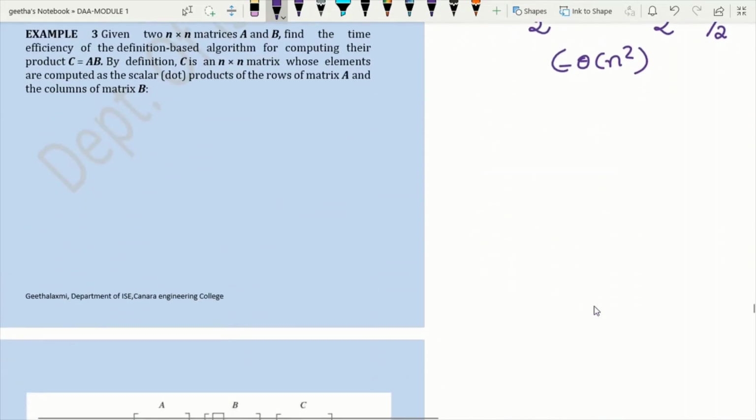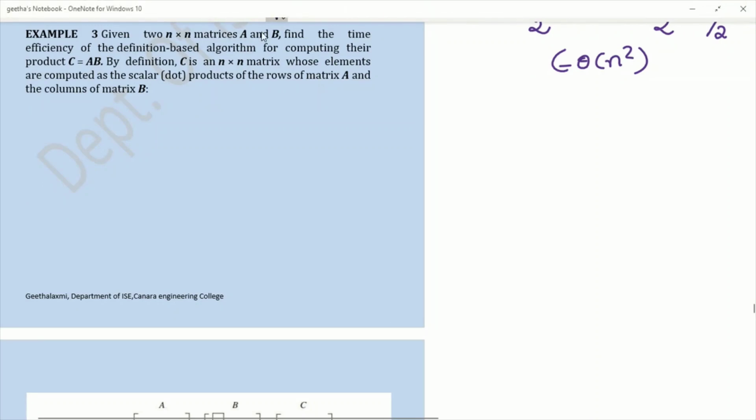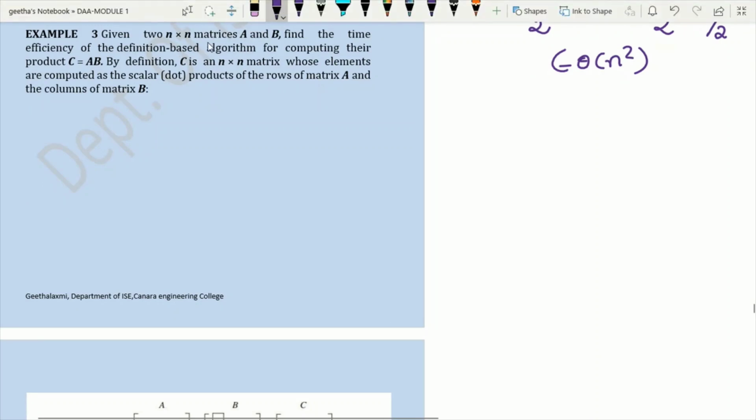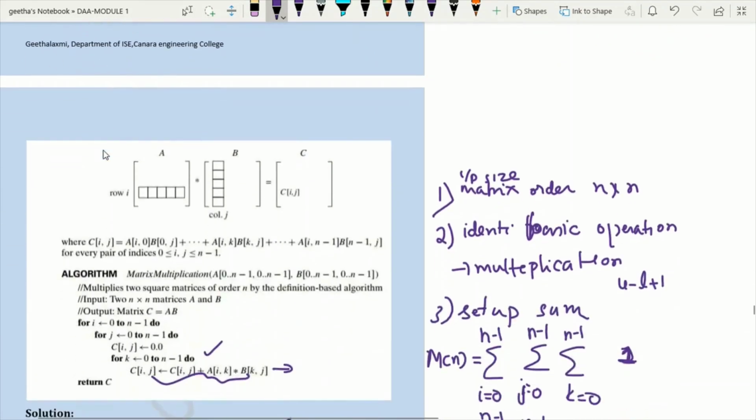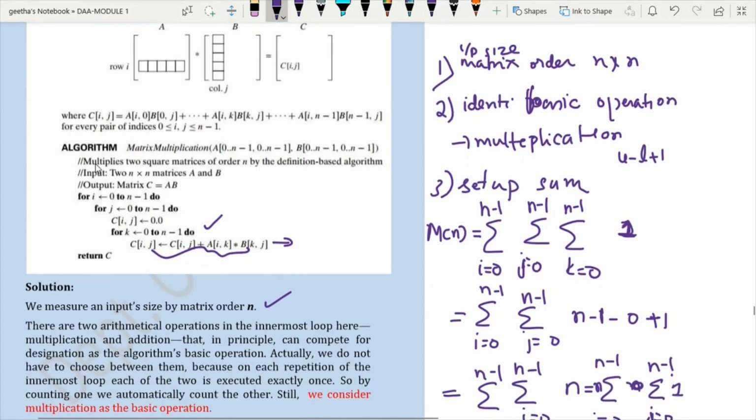Next we'll see another algorithm, matrix multiplication. The input matrices I'm going to consider are A and B, whose size is n cross n. So the algorithm is matrix multiplication.